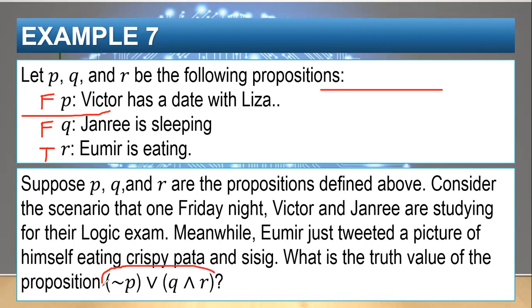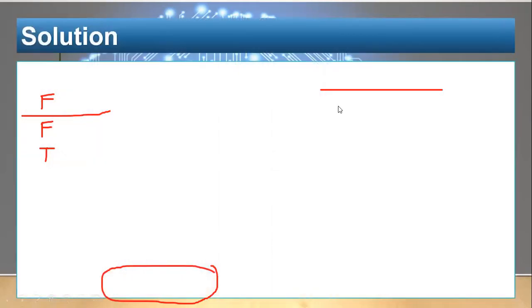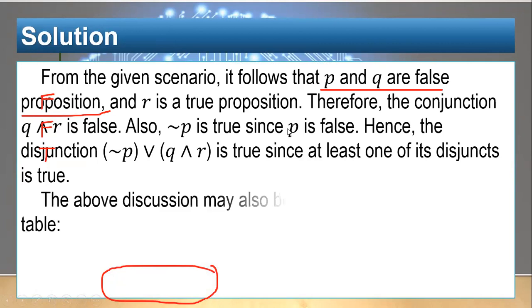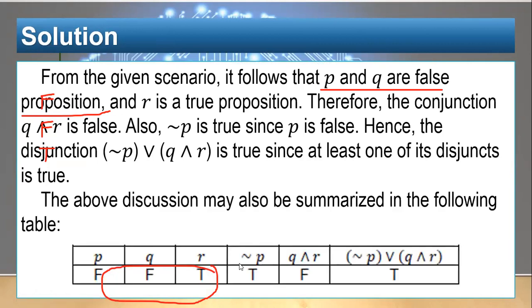So we will identify the truth value of not P or Q and R. So let's see. We have P is false, Q is false, R is true. So lalatag lang natin yung mga truth value. Okay.